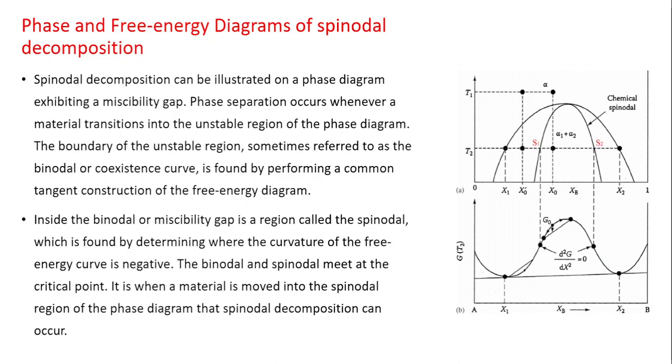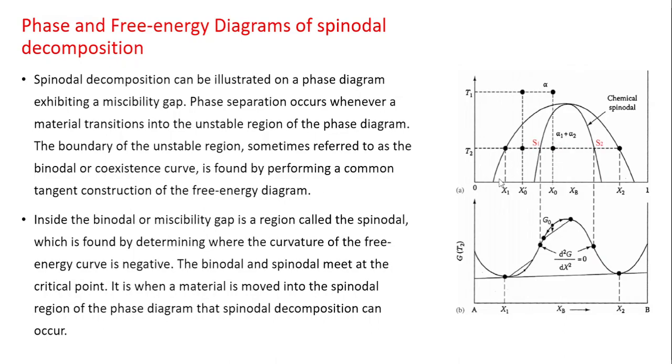So the boundary which separates this immiscibility region, immiscibility meaning a single phase is not stable and it is separated into two phases.